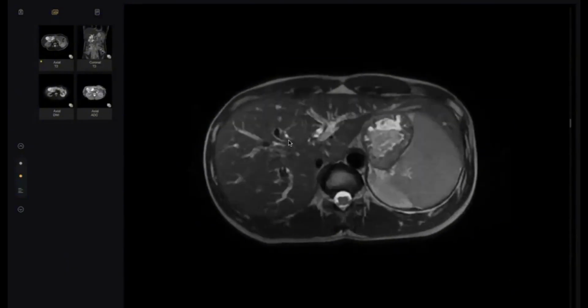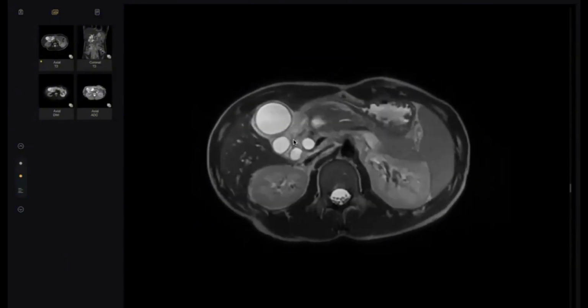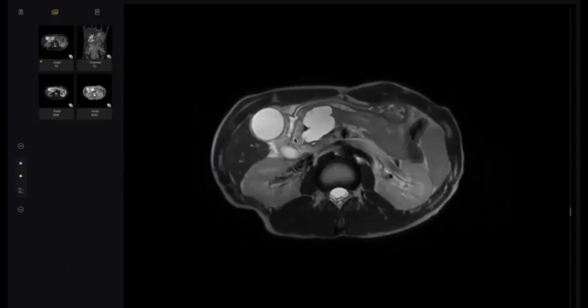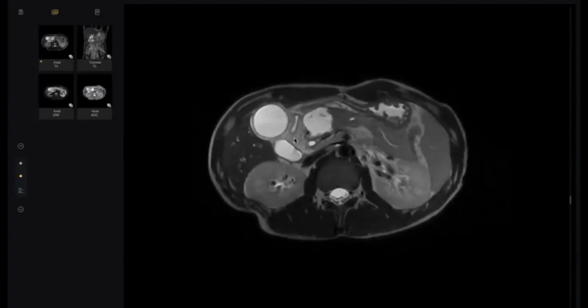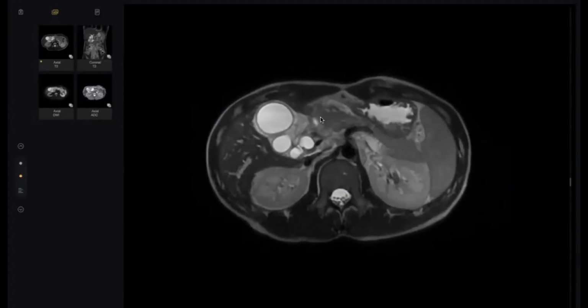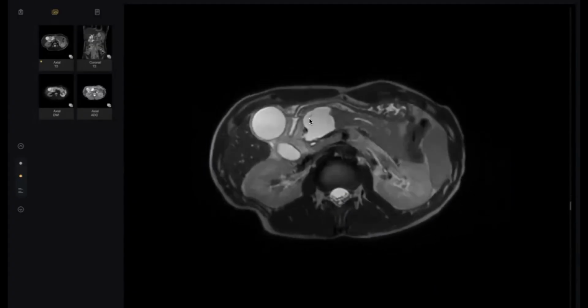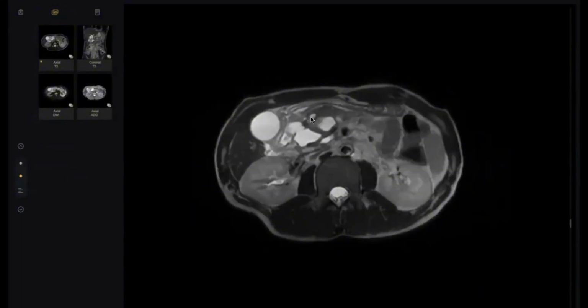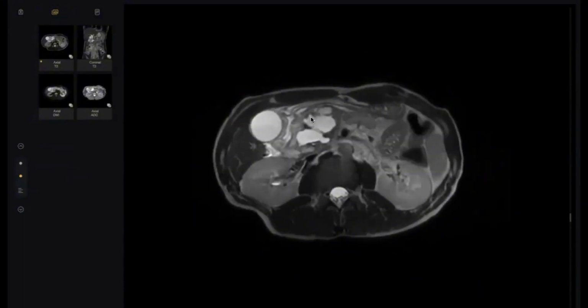This structure, Dr. Omer, is the gallbladder. What happened at the head of the pancreas here? Head and neck. What is this? Sir, the head of the pancreas is ill-defined, and this is a traumatic injury to the head of the pancreas, because I cannot outline its boundaries.